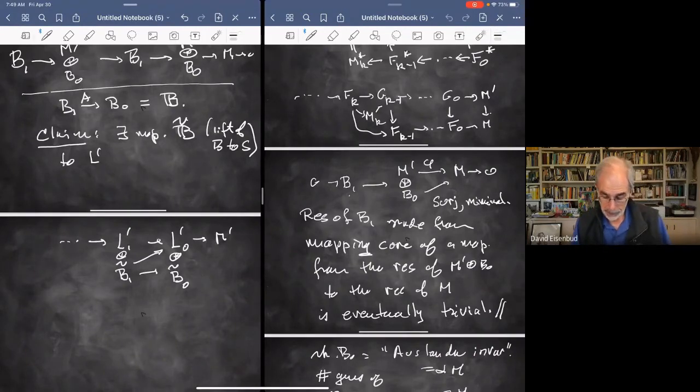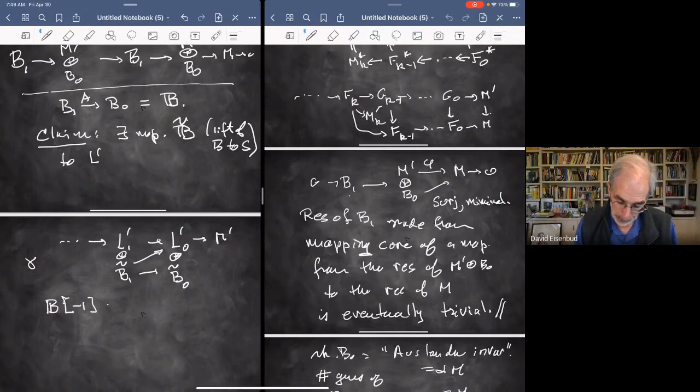Well, there's nothing to be said, right? There are no compositions in this complex. So what I've said is kind of empty. So I have this map. Let's call this map gamma. At the moment I have gamma from B of -1, properly speaking, to L prime.